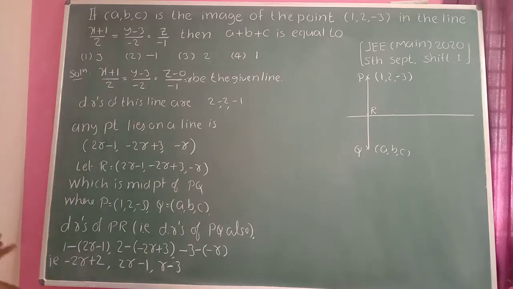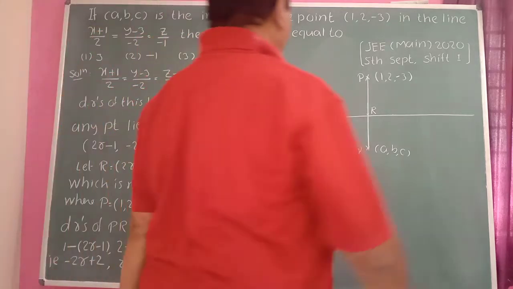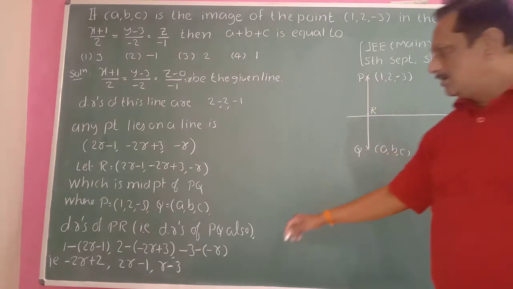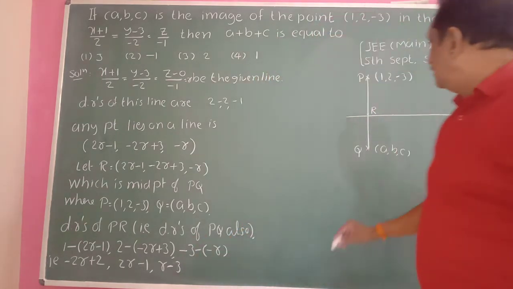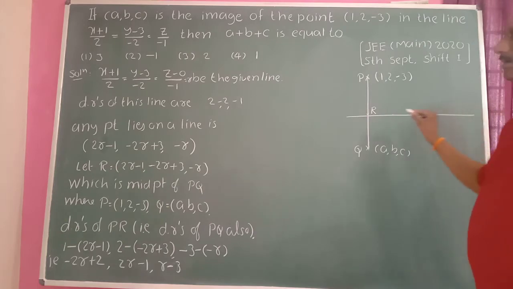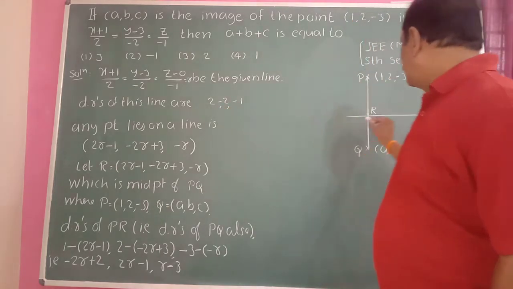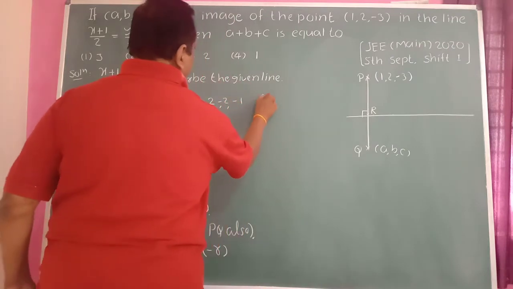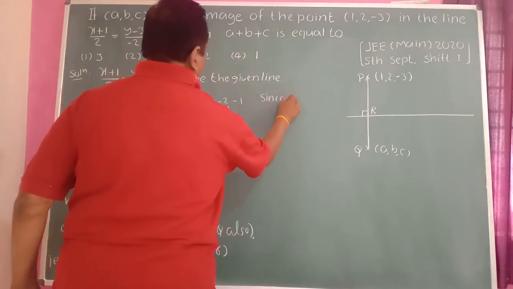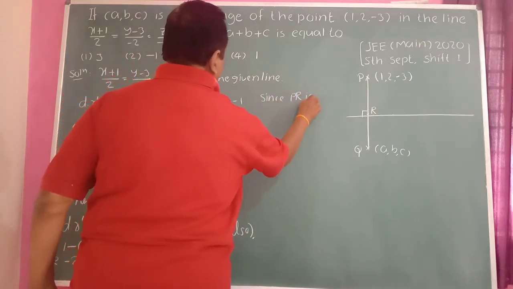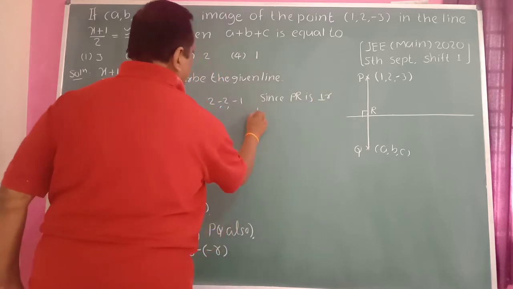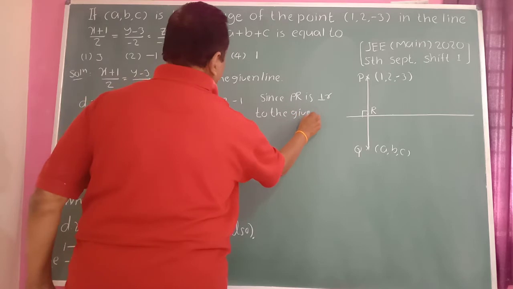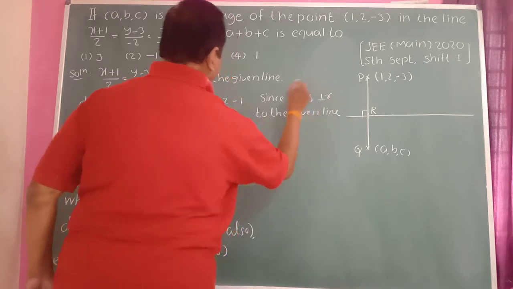This is the direction ratios of PR. The direction ratios of the given line are these. Both are perpendicular to each other, since PR is perpendicular to the given line.